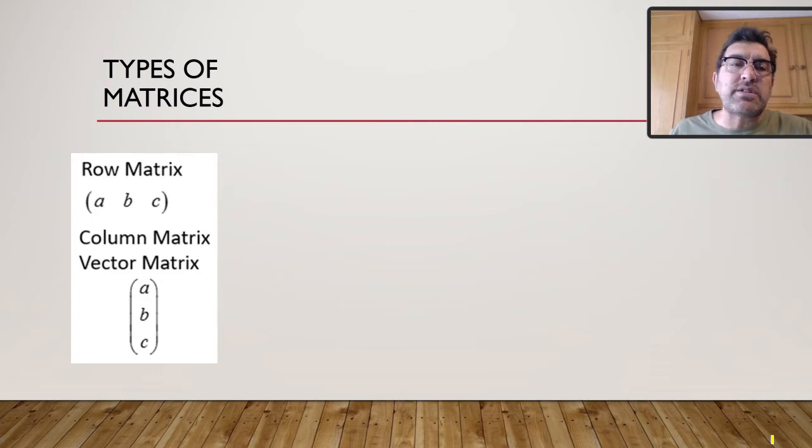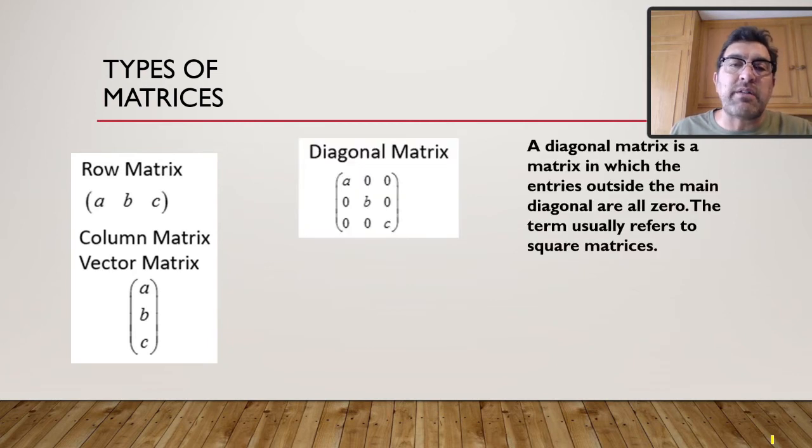Okay. So types of matrices. What types of matrices are there? Well, there's a row matrix and there's a column matrix. We've spoken about those. Diagonal matrix is something new. If you look at the matrix, it has only non-zero entries on its diagonal. Everything else in this matrix has zeros.